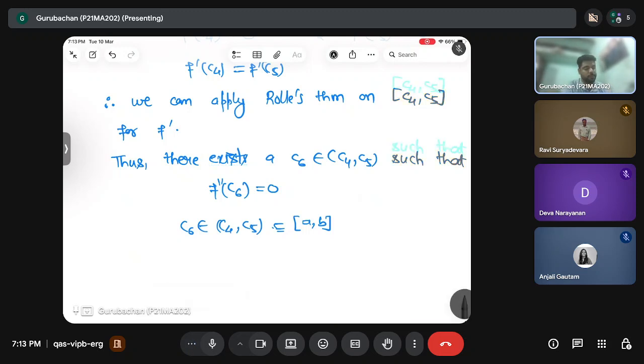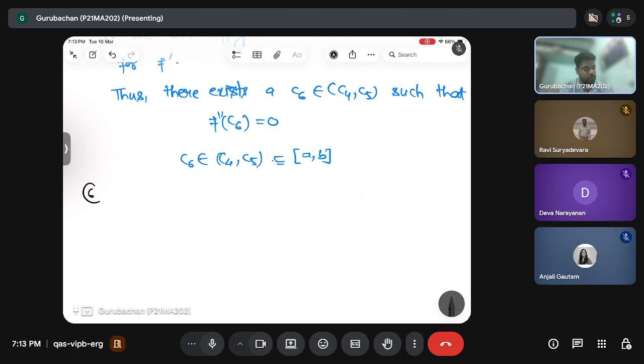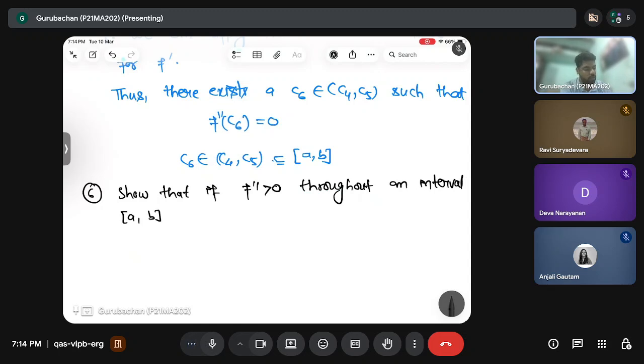Now the next question is: show that if f double dash is greater than 0 throughout an interval (a, b), then f dash has at most one zero.